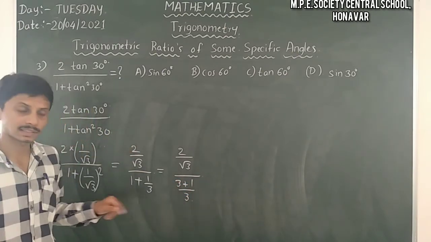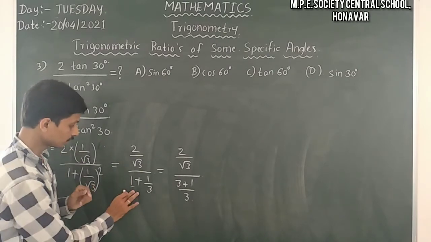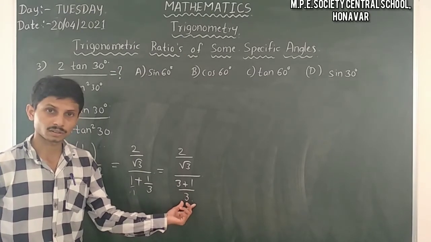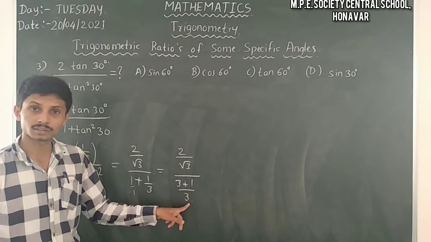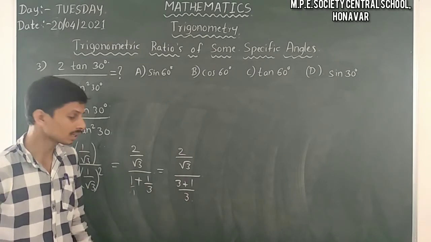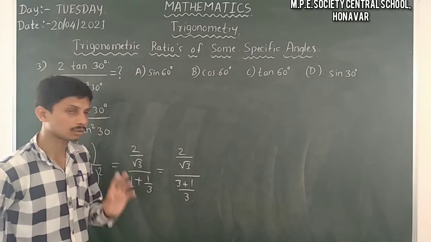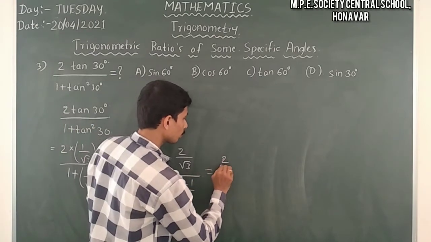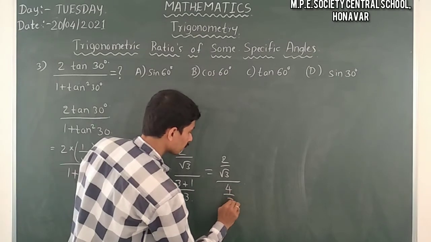Here we have 1 by 1, so we have to convert it to 3 by multiplying 3 with the numerator and the denominator as well. 3 plus 1 remains, so it is 2 by root 3 remaining as it is, and here it is 4 by 3.